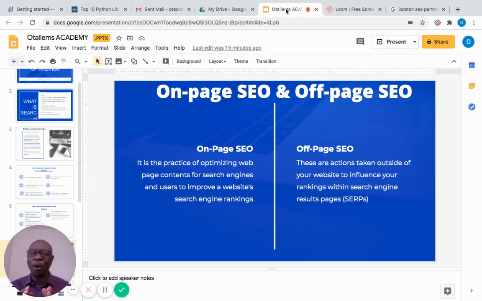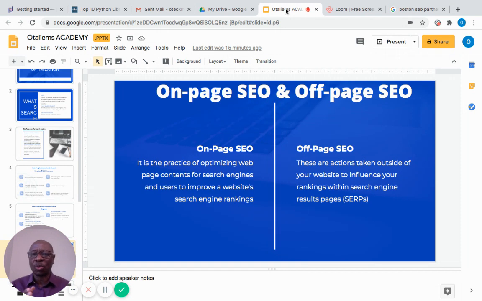When I say on-page SEO, that means the effort that goes into optimizing your content, the methodology and strategy you want to use to drive organic traffic to your web pages and also improve your user experience.